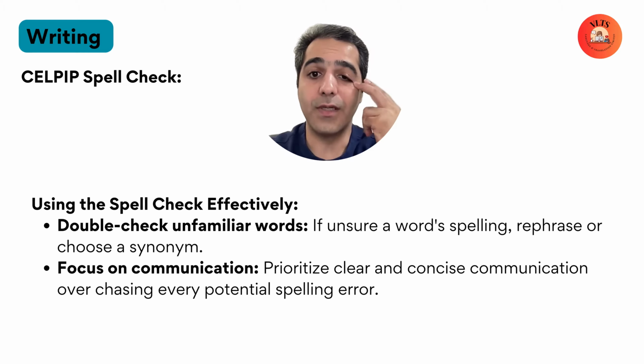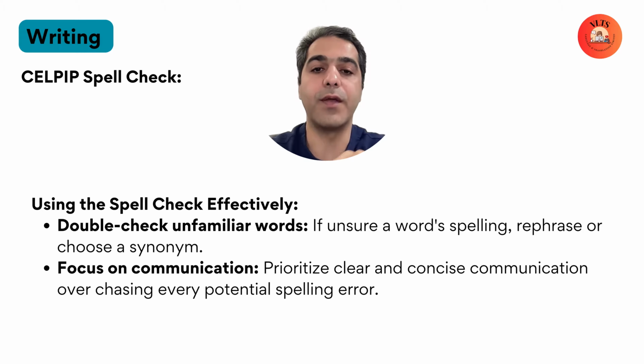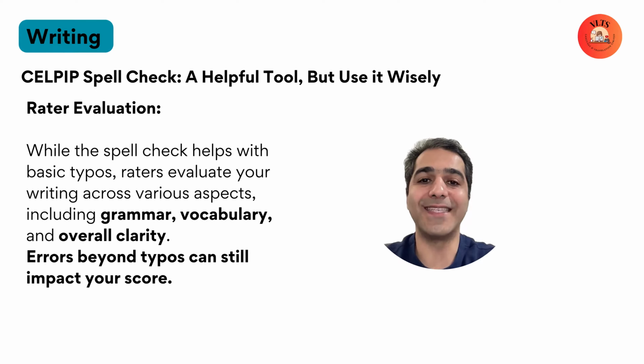The last but not the least is always focusing on communication. So prioritize clear and concise communication over chasing every potential spelling error in your writing task. Another point regarding the spell check that we have to take into consideration is the rater evaluation.